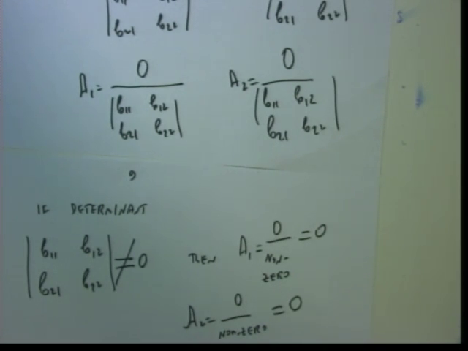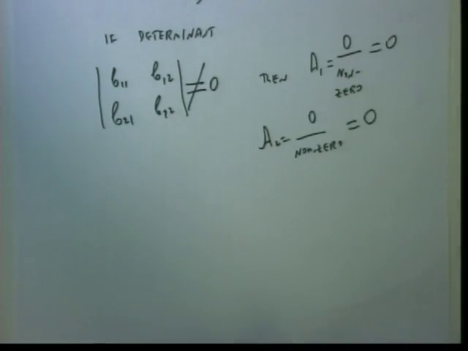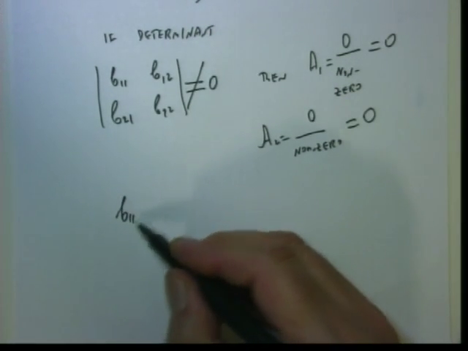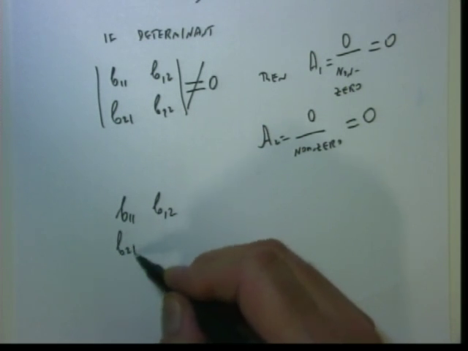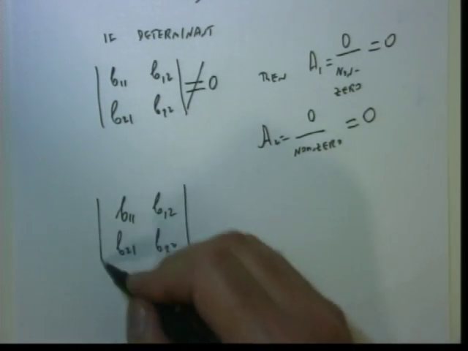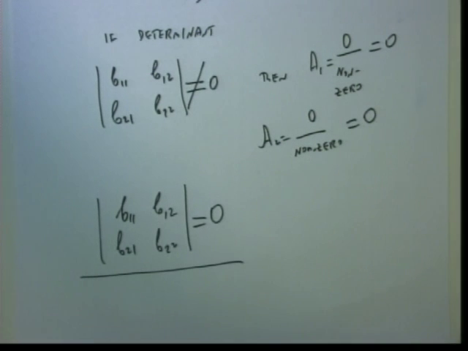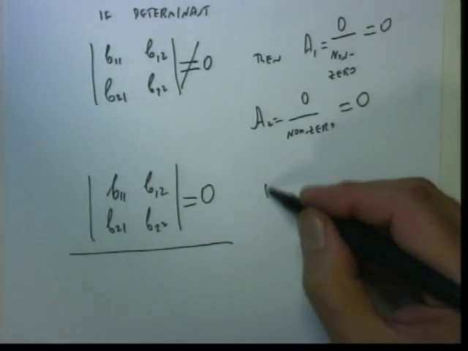Then we again get the trivial solution. So in order for the system to have a non-trivial solution, it is necessary and sufficient that the determinant must be 0. So we have 0 divided by 0 that allows the solution to be non-trivial. So we have B11, B12, B21, B22. This must be 0. That is the frequency equation.